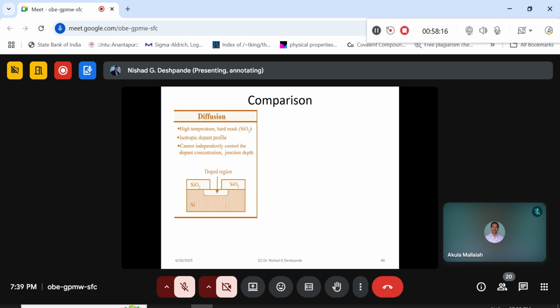At high temperatures you are going towards the melting point of silicon, and thereby you are trying to break the bonds. This is where you can break the bonds and input some external dopant into it, right? That is where the diffusion process comes into the picture, and it has to happen at certain high temperatures. It cannot happen at low temperatures. So most of the time the diffusion process takes place at high temperatures.